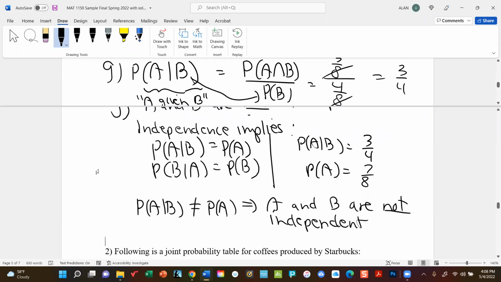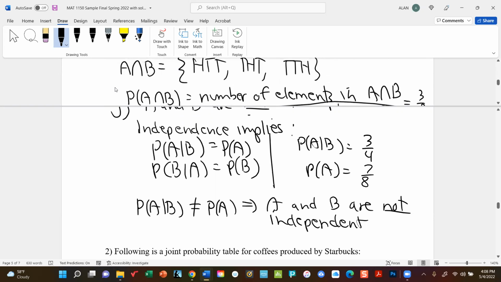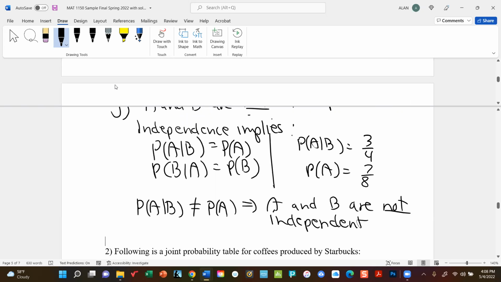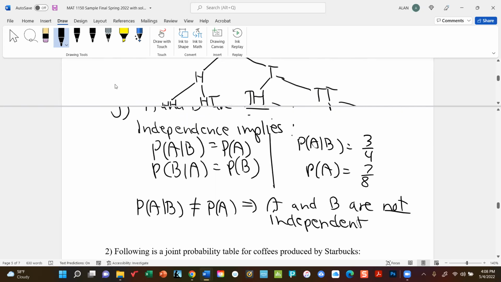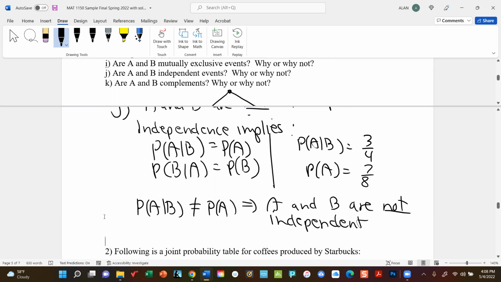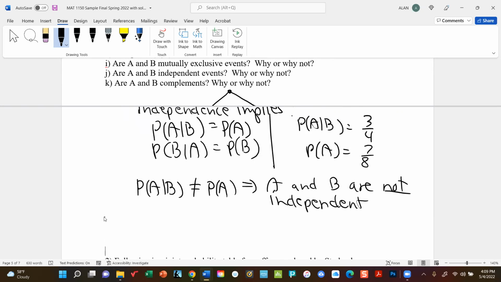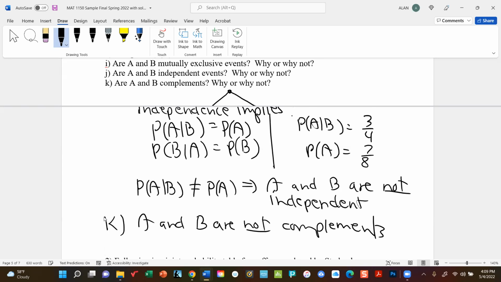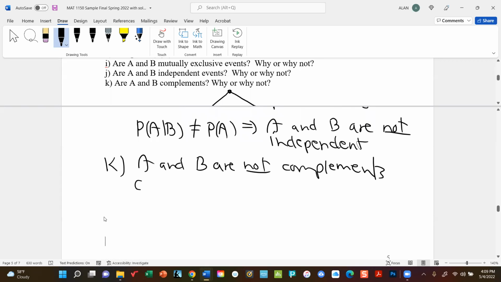Okay, now the third and final in this group is, are A and B complements? Well, the answer is no. And here's why. Complements require two things, just like with independence.